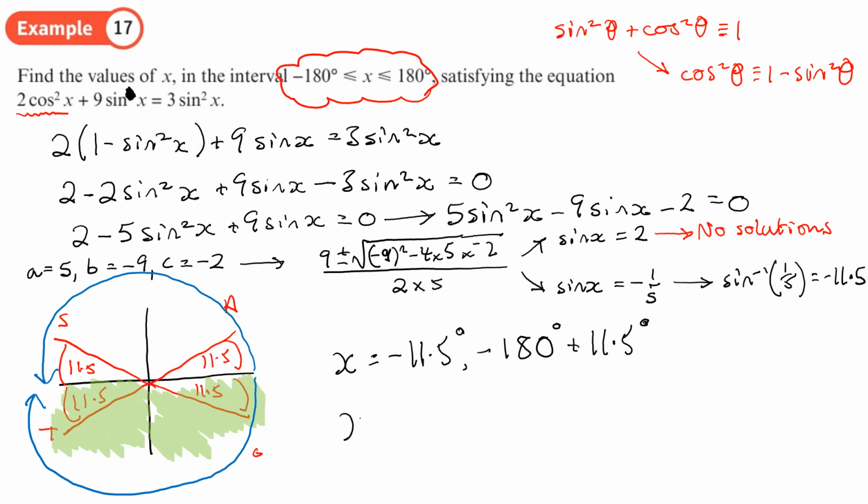So x equals negative 11.5 degrees, and the other one, let's just do negative 180 plus that answer, and we get negative 168.5.